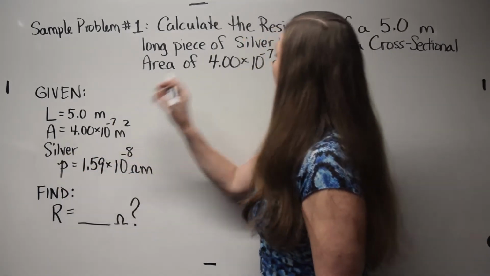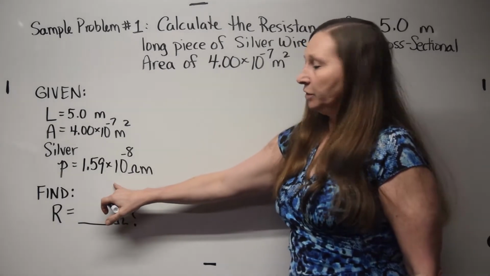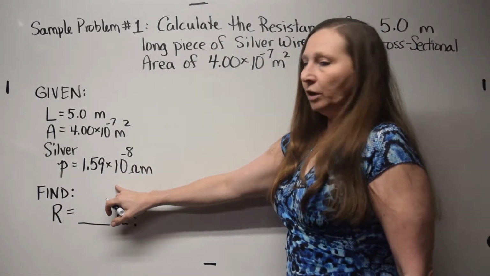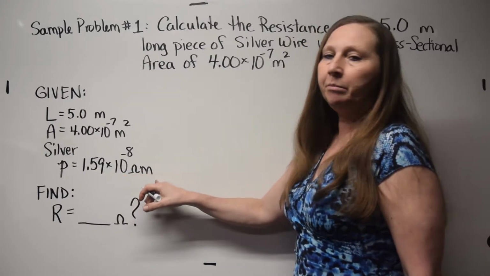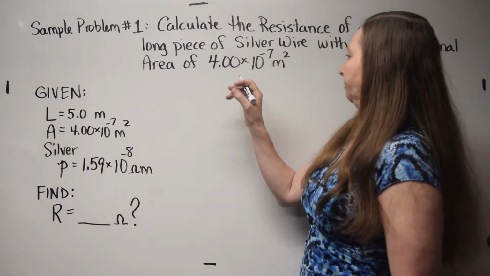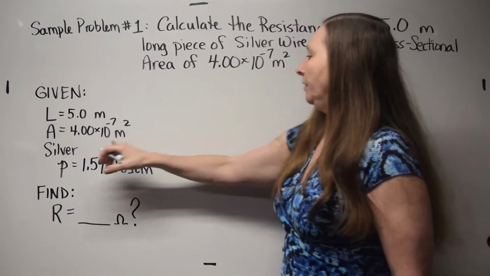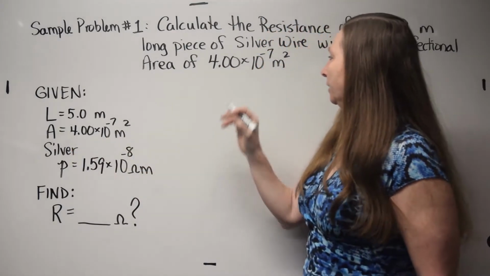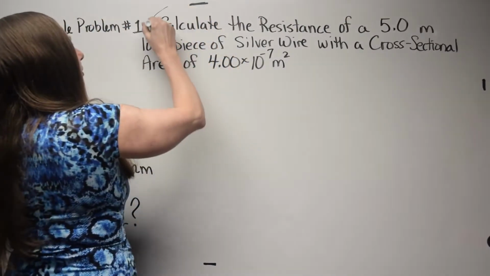We were given the fact that it is silver wire, so we immediately look up the resistivity of silver on the chart. We get 1.59 times 10 to the negative 8 ohm meters. They also gave you the area, and the area is 4.00 times 10 to the negative 7 meters squared.